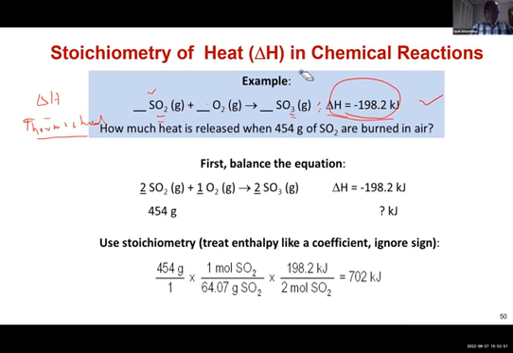You start with 2 here, you put a 2 here.